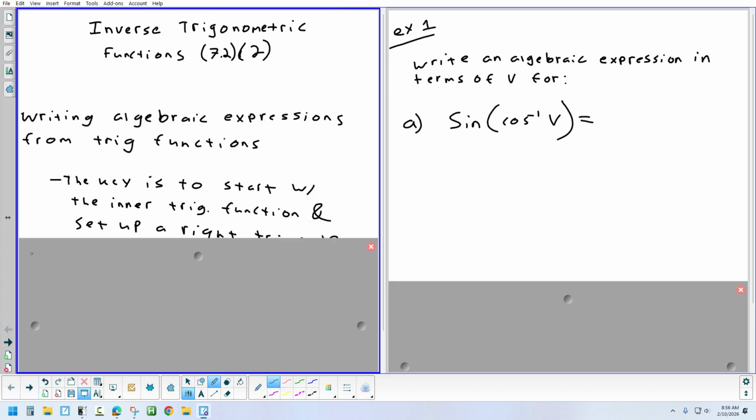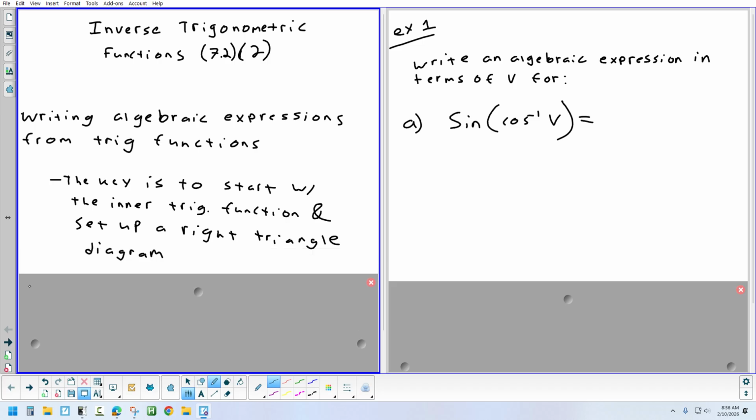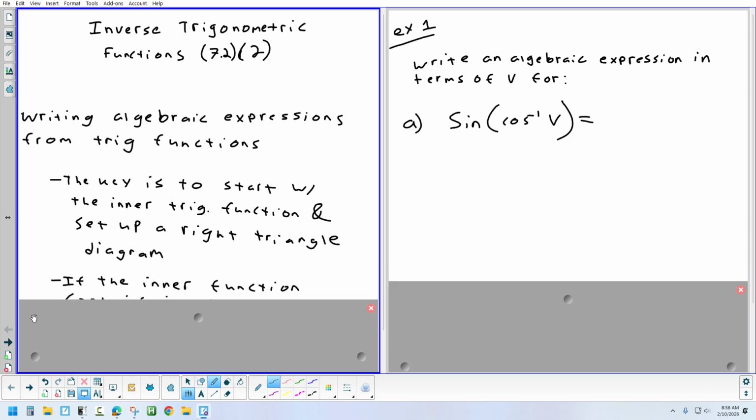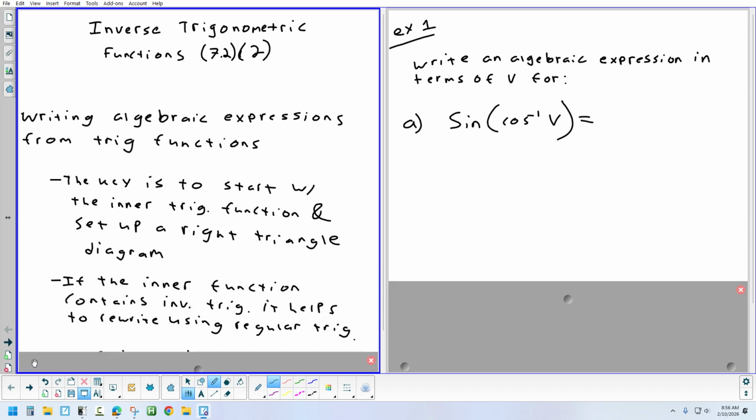So we're going to start with the inner trig function, and we're going to try to set up a right triangle diagram for it. If the inner trig function happens to contain inverse trig, which the one we're going to do does, it might help to set up this right triangle diagram. It might help to think of the inverse trig with regular trig.